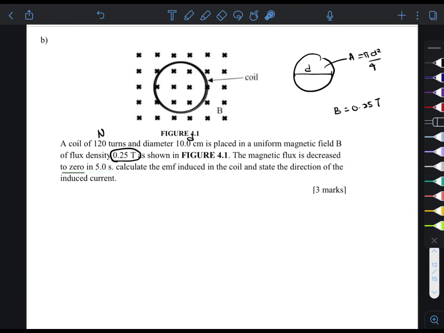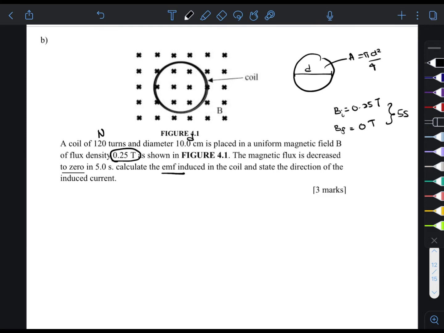So what is happening now is the magnetic flux that we had initially, 0.25 where you placed your coil, that B now has been decreased to 0. So there is a change happening. Initially we had B of 0.25 and then we decrease it to 0 Tesla in 5 seconds. Calculate the induced EMF in the coil and state the direction of the induced current.